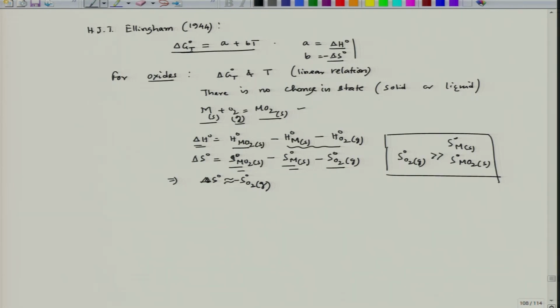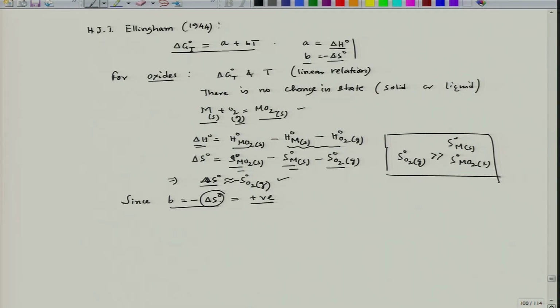The entropy of gas is always positive and there is a negative sign in front of it, so del S 0 becomes negative. Since B is minus del S 0, B becomes positive. So the slope of this linear plot is positive.